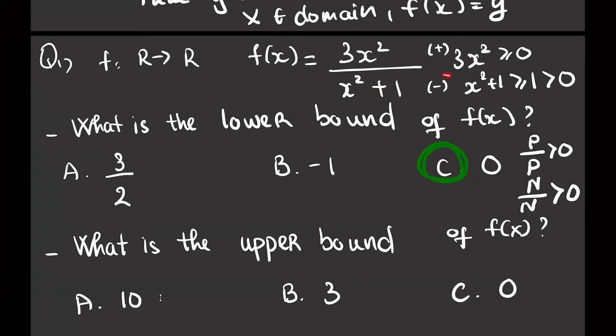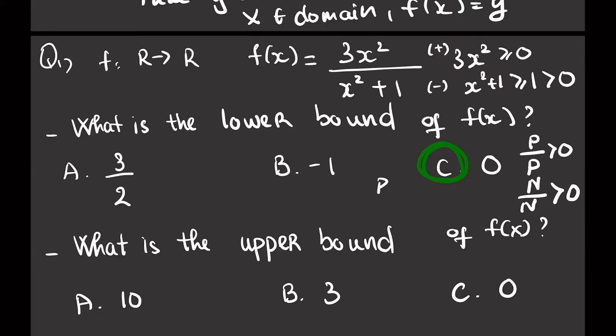And when this one is greater than 0, then the whole expression is a positive over a positive number, which is a positive number, greater than 0 as well. So 0 is the smallest value we can get here. Does it make sense?